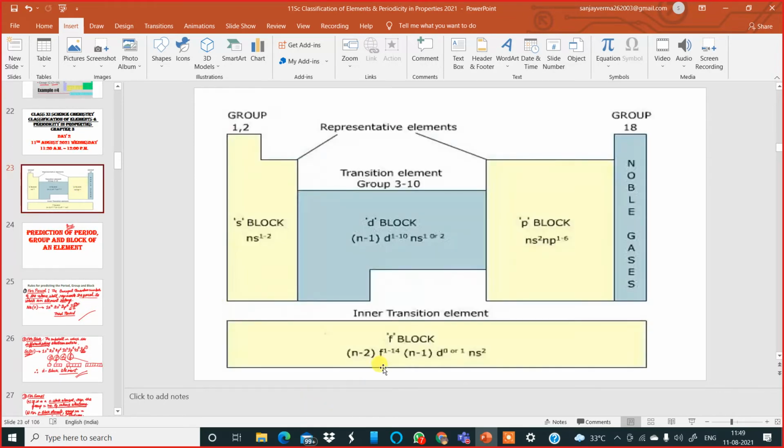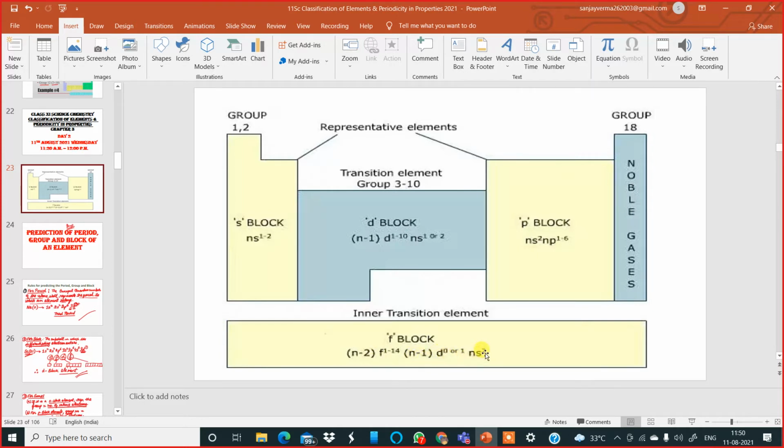If it is entering the f subshell, then it has to be n minus 2 f orbital, n minus 1 d orbital, number of electrons you have to add, and n s orbital. Are you getting it? Questions with regard to f orbitals have not been asked. If asked, follow this rule: n minus 2 f electrons, n minus 1 d electrons, and n s electrons.